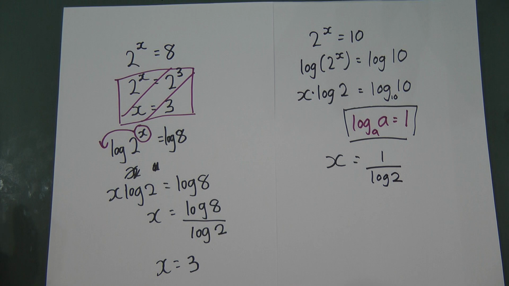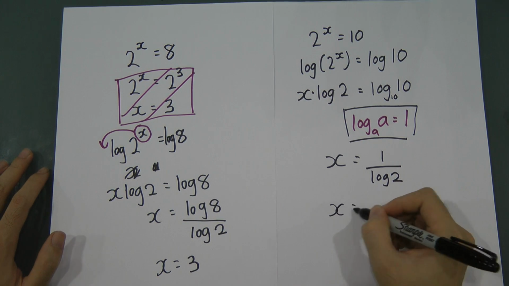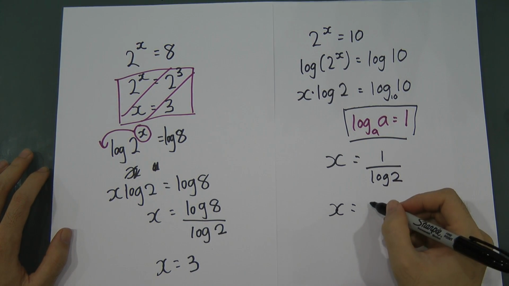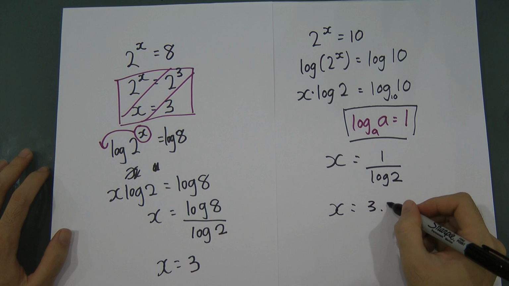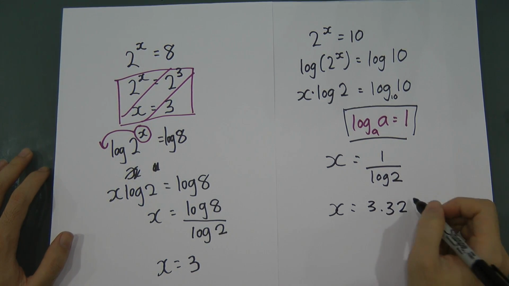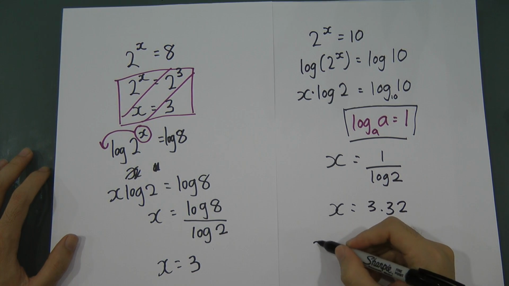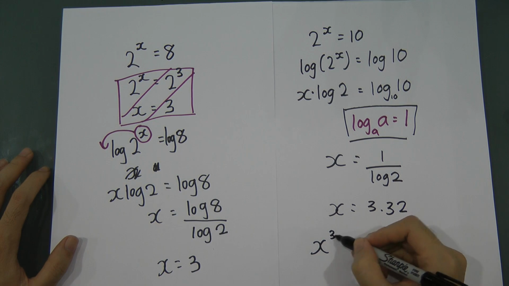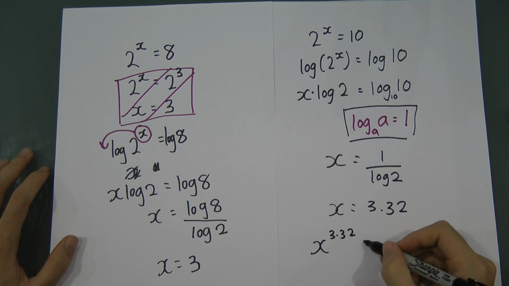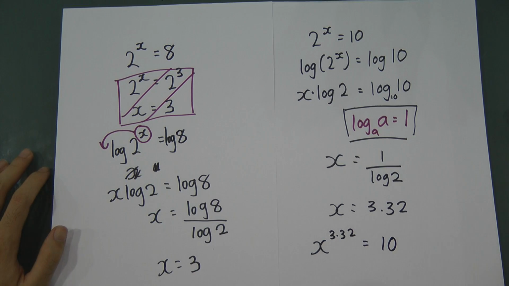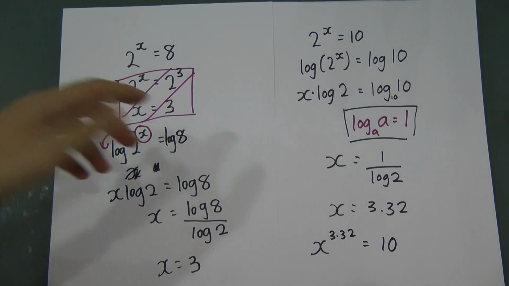Then you can press the calculator, 1 divided by log 2, and you will get the value. x equals, let's say I round off, 3.32. That means 2 power of 3.32, you will get 10. This is the purpose of log.